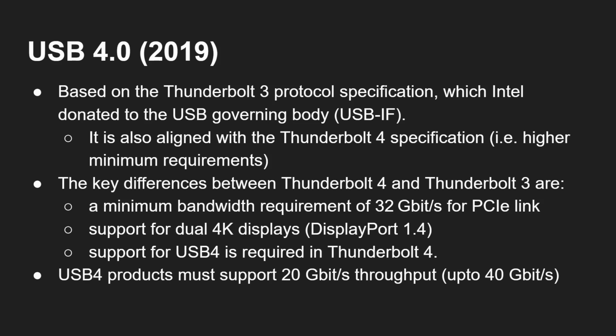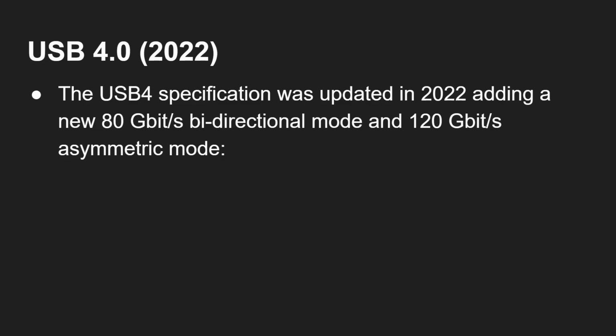And USB 4 products must support 20 gigabits a second as a minimum, and then they do support up to 40 gigabits a second, as I said. In fact, that's now gone up as well. In 2022, there was another revision of USB 4.0.